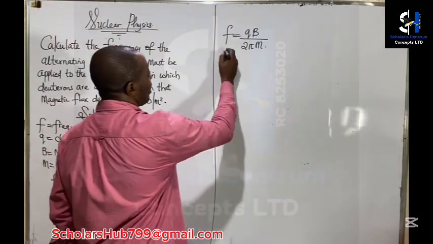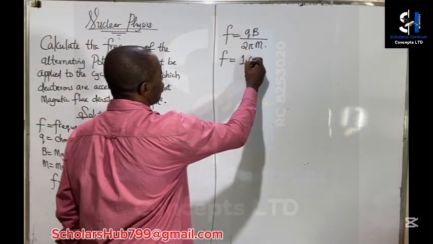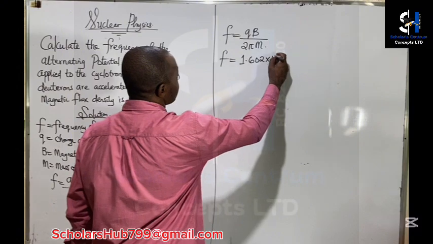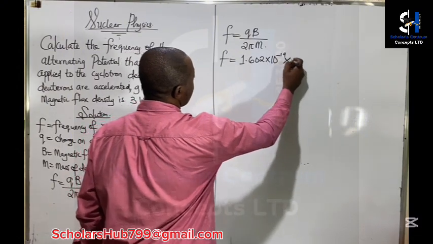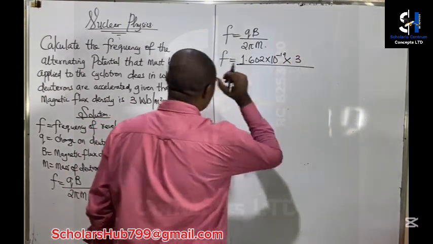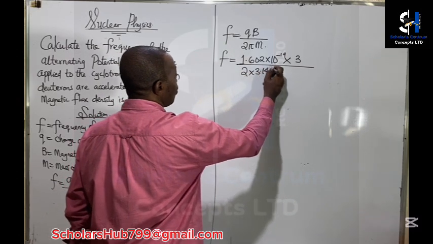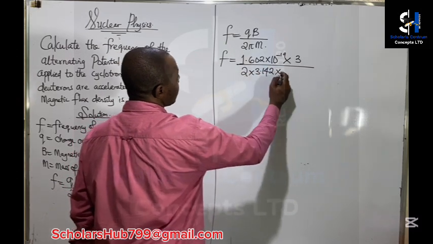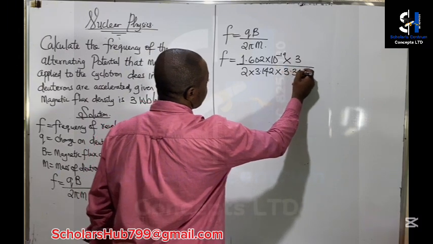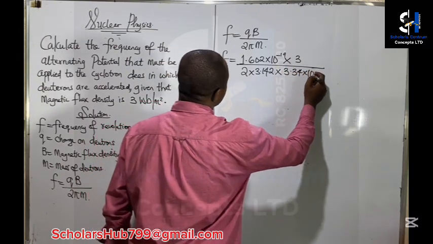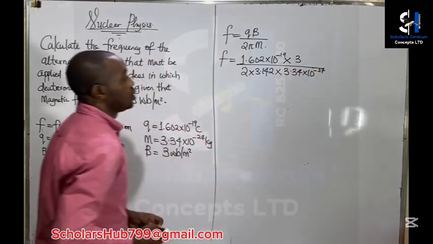So F equals 1.602 times 10 raised to the power of negative 19 multiplied by 3, all over 2 times pi, that is 3.142, multiplied by the mass of the deuteron, 3.34 times 10 raised to the power of negative 27.